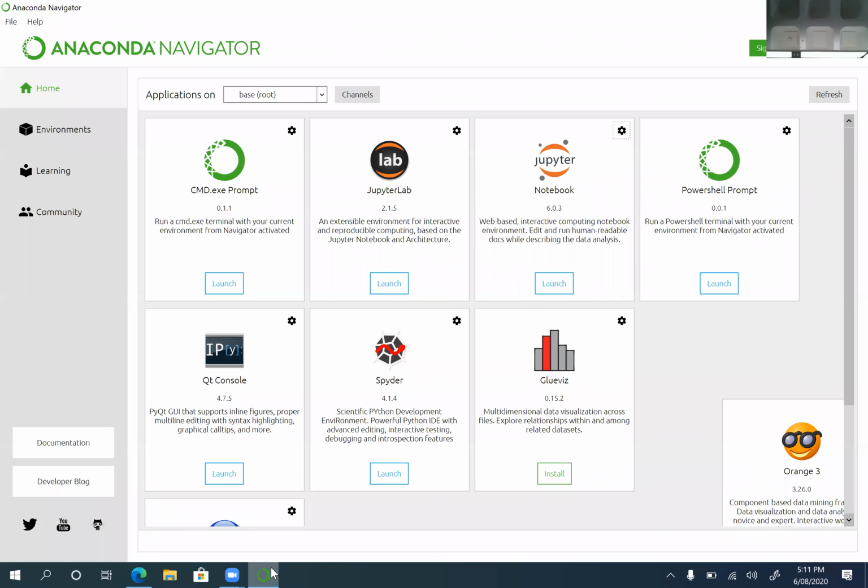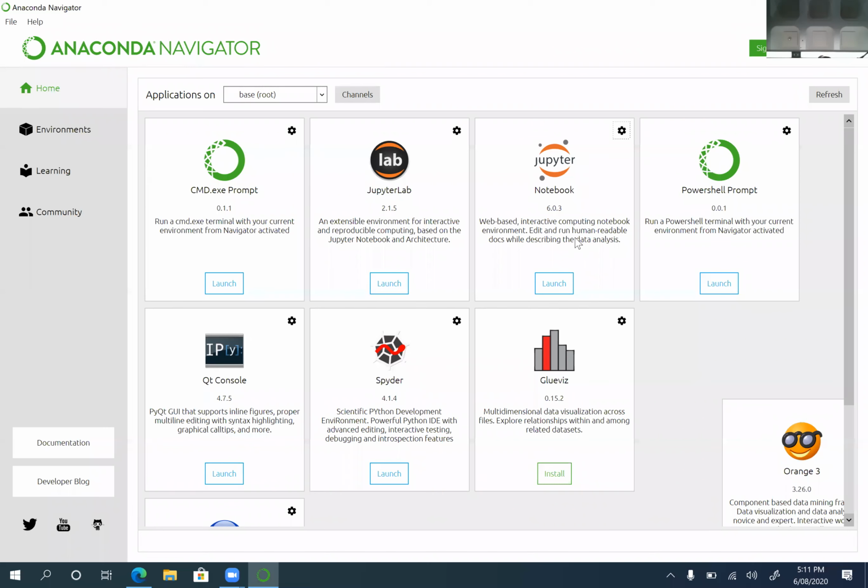Okay, so it looks like this. To open that, I go here to find Jupyter with a Y notebook, and you might have a different number down here on the system at home. It starts with a 5, but here it starts with a 6, and then I press launch. Okay, but I've already done that.